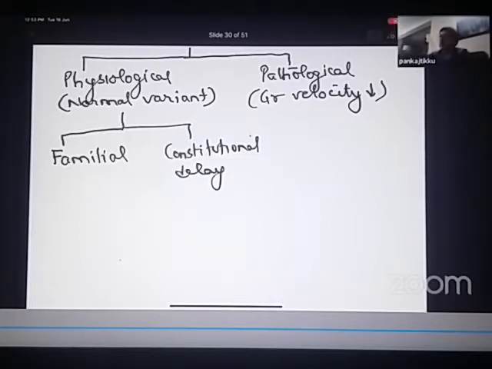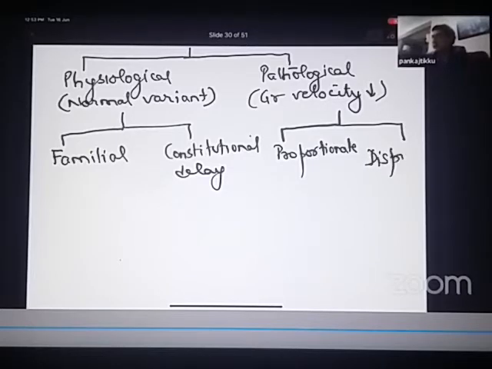Now let us focus on pathological short stature. Pathological short statures, I told you, are divided again into two categories. One is proportionate, when the upper segment to lower segment ratio matches that age. The other is disproportionate, when the upper segment to the lower segment ratio does not match that age.